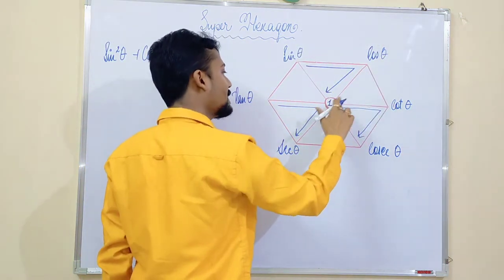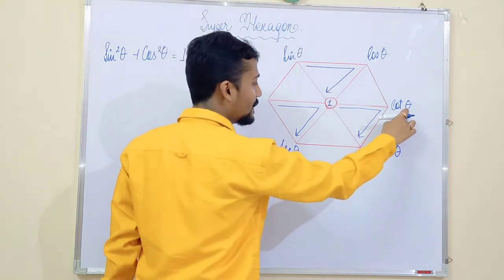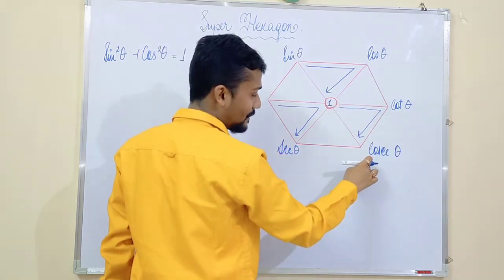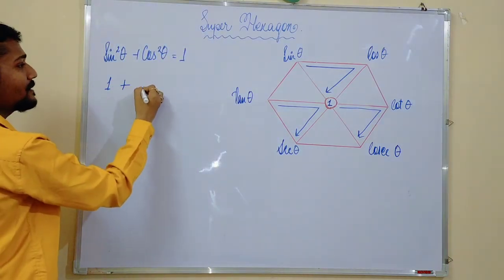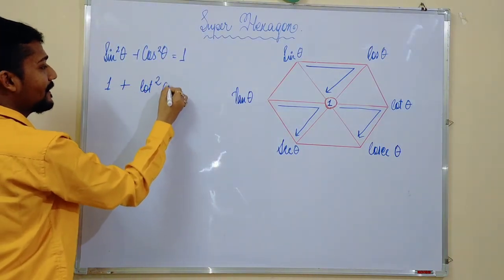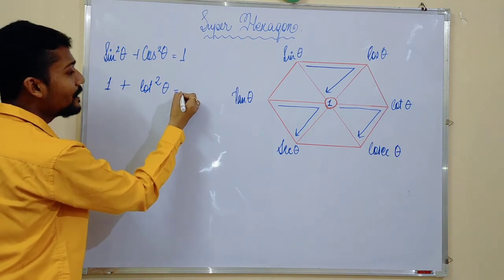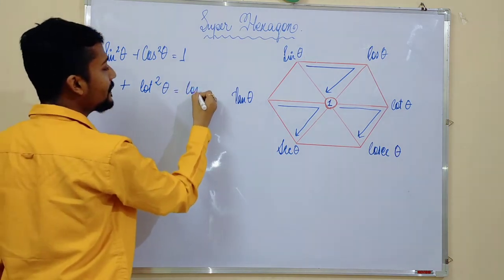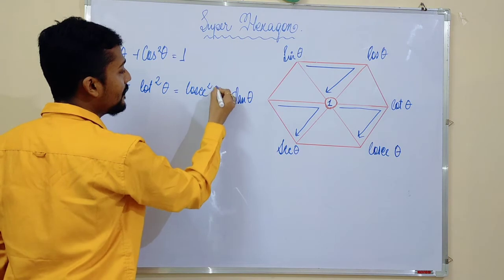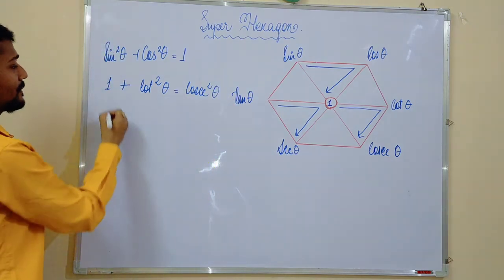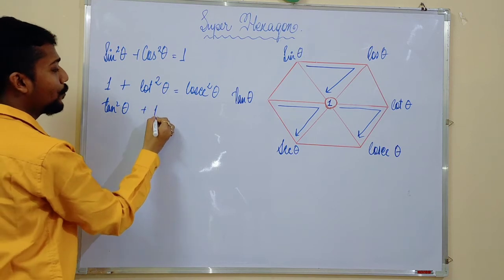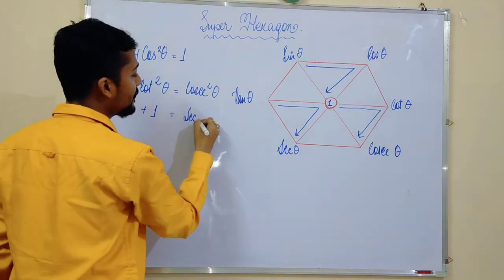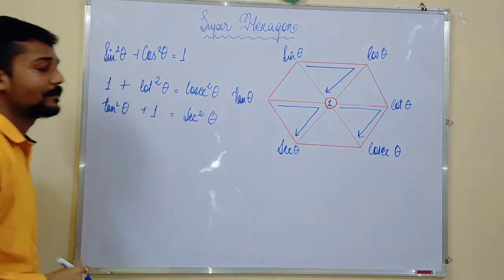That means what will be next? 1 square plus cot square theta is equal to cosec square theta. 1 square is equal to 1. 1 plus cot square theta is equal to cosec square theta. Next, tan square theta plus 1 is equal to sec square theta.